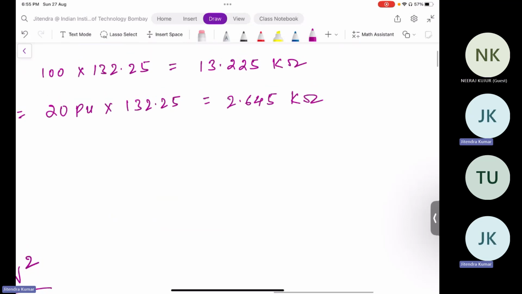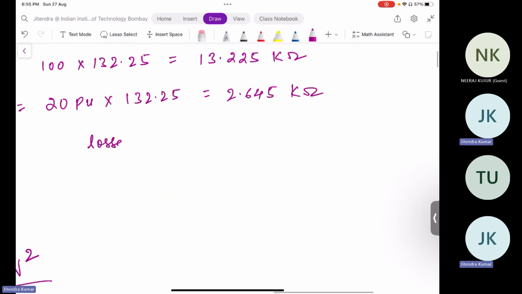First let me write down the expression of efficiency: P out by P in. P out is given, 80 MVA, 0.8 into the power factor, so 0.8 into 0.8.